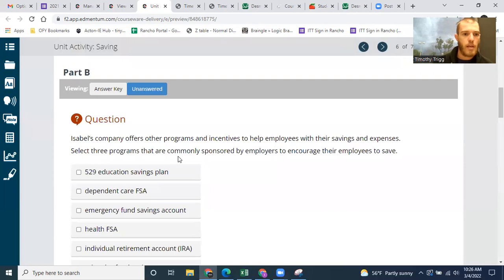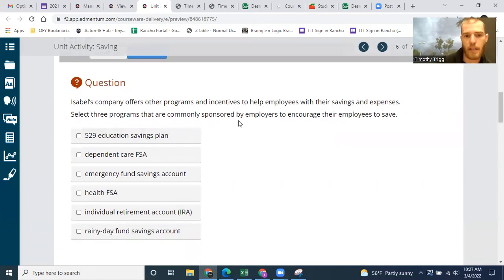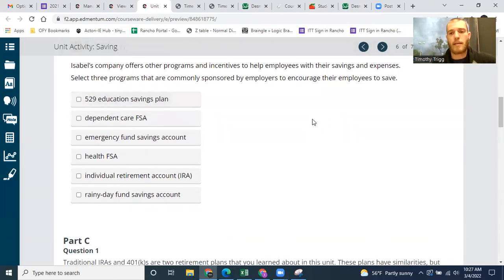Okay. Isabel's company offers other programs and incentives to help employees with their savings and expenses. Select 3 programs that are commonly sponsored by employers to encourage their employees to save. There's a few plans that employers set up to help you save money. A big one that's common is the Health FSA.